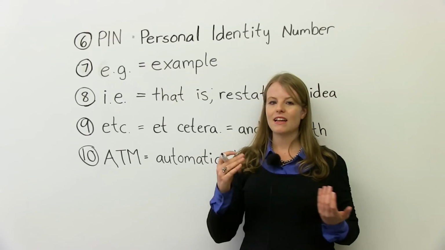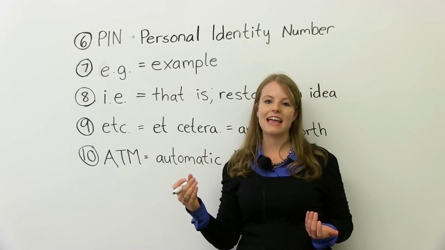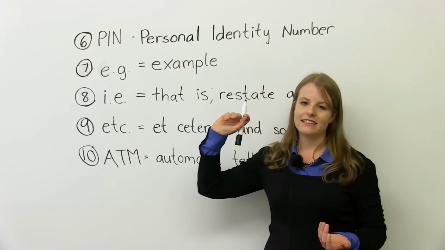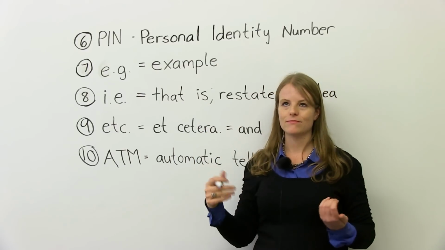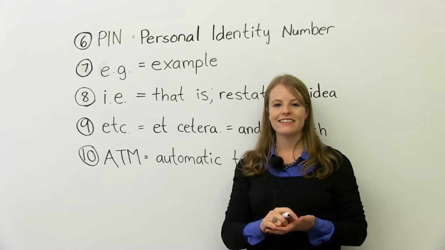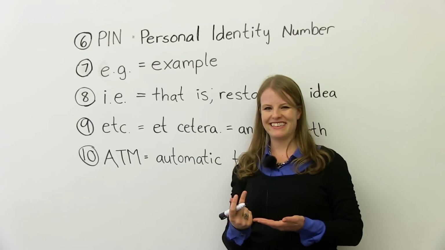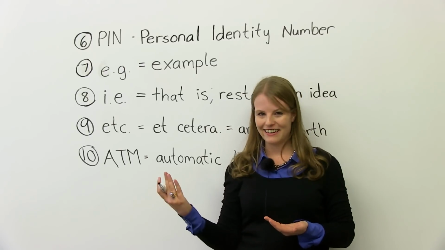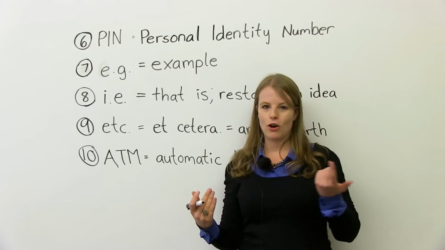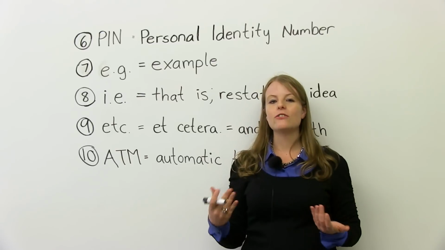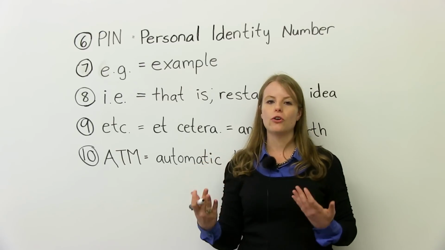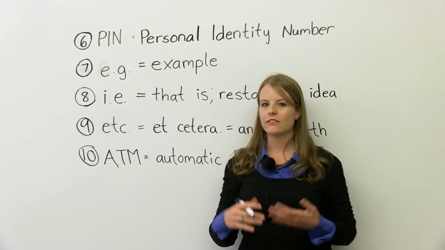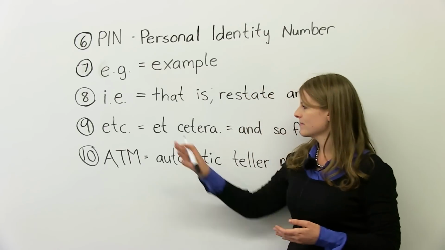I could say there are many animals that lay eggs, E.G. chickens, or hens, ducks, I think platypuses, although I'm not exactly sure about that one. Snakes, alligators, other birds, ostriches. So I used EG to show these are examples. Okay? So it means example.